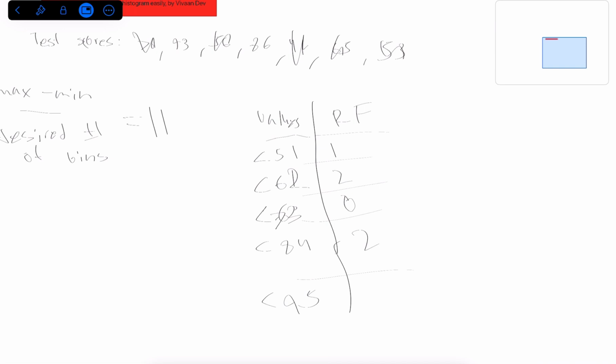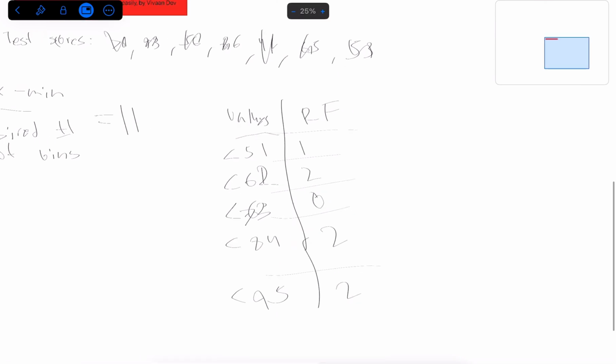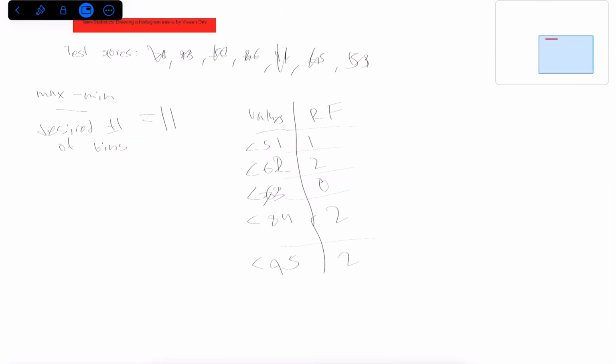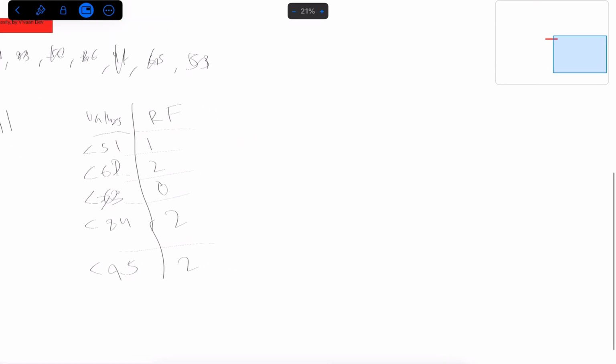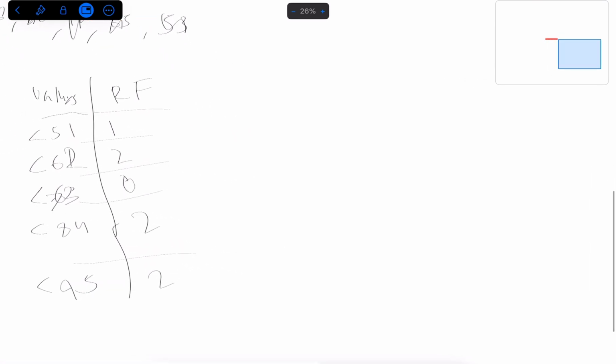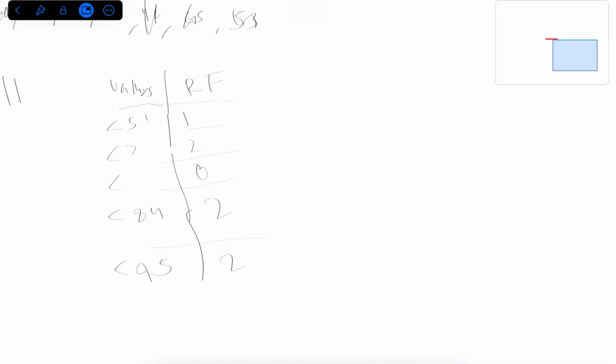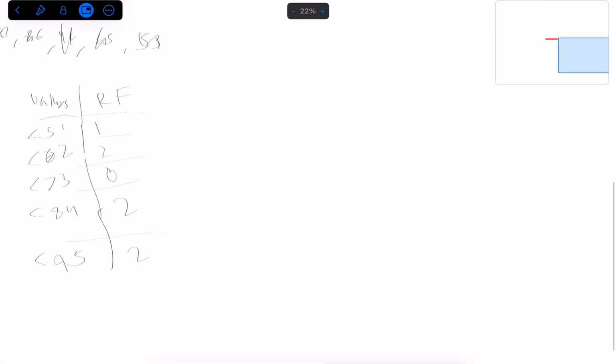Values underneath 95 would be 86, 90 and 93, but I count 2. Now that we have our table, we just fix this up real quick. My bad. Underneath 62 and 73. And so we have our table for the histogram.